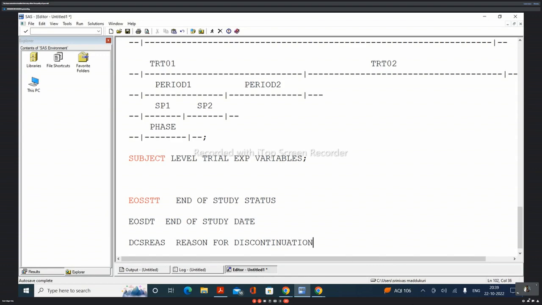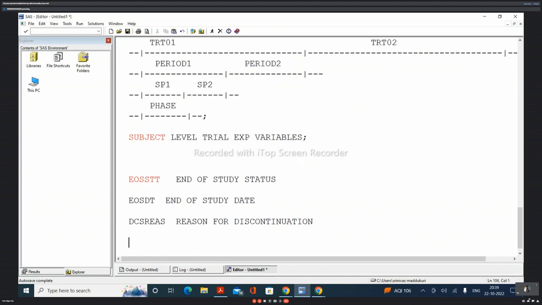If the subject has been discontinued from the study, what is the reason? Why has he been discontinued? Is it because of an adverse event, his own consent, meeting the endpoint criteria, protocol deviations, or death? We should write the reason for discontinuation. And then we are going to have DCSREASP, reason specific for discontinuation from the study. If you have any sub-reason or specific reason why the subject has been discontinued from the study, you should write it.